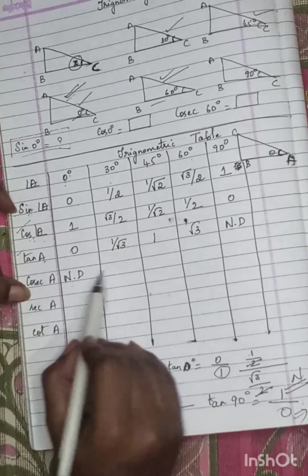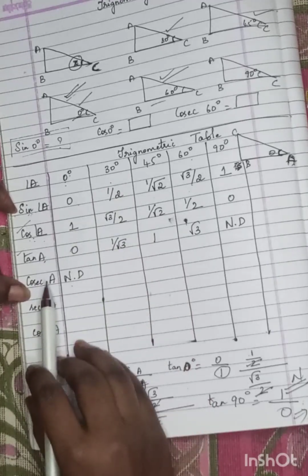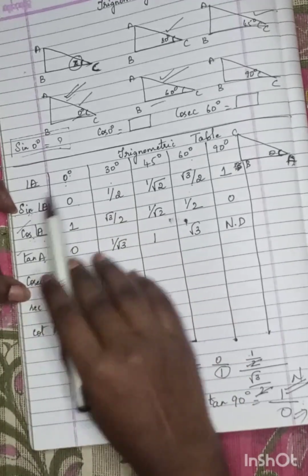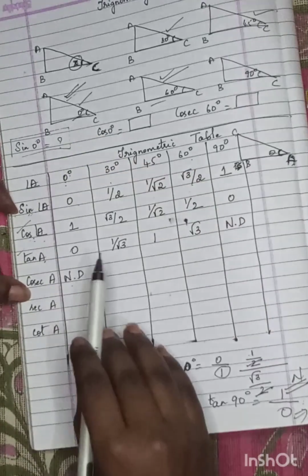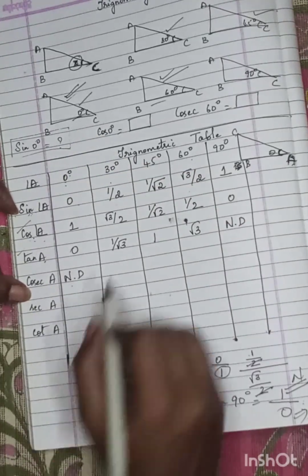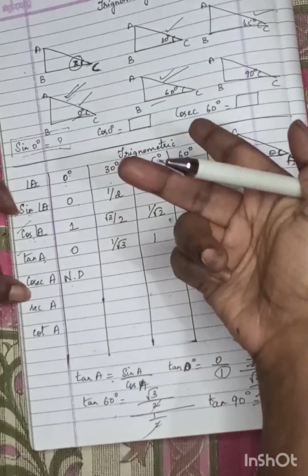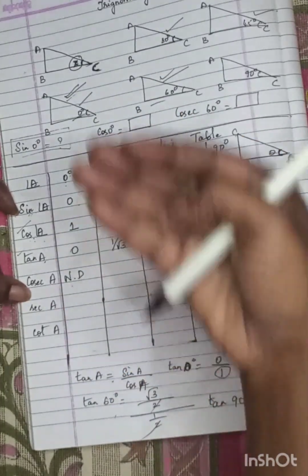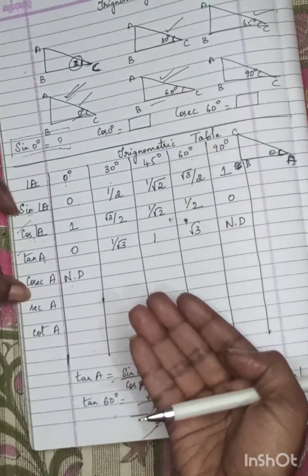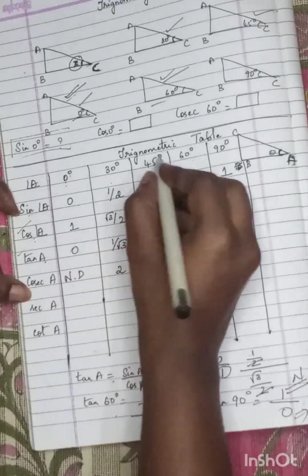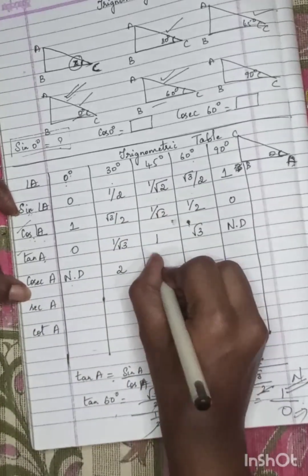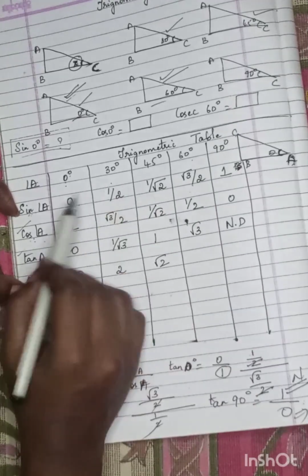Next, cosecant 30 degree, how do you find out? Similarly, in the same way, sine 30 degree is 1 by 2. Reciprocal of 1 by 2 will give cosecant 30 degree. So when 1 by 2 is reciprocated, the denominator goes to the numerator and the numerator comes to the denominator place. So our value will be 2. Cosecant 45 is root 2, because 1 by root 2 is sine 45.